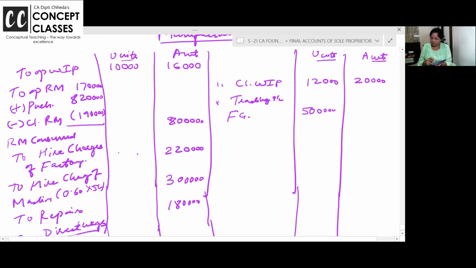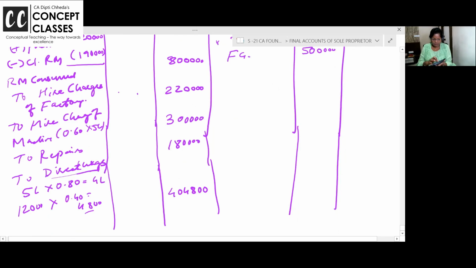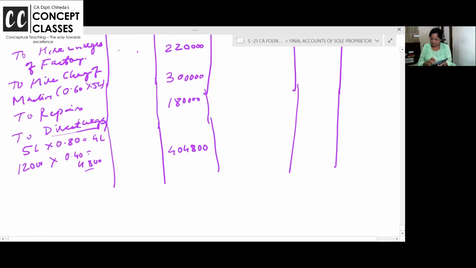Balance the amount. 16,000 plus 8 lakhs. Total manufacturing account is always balanced on the credit side.